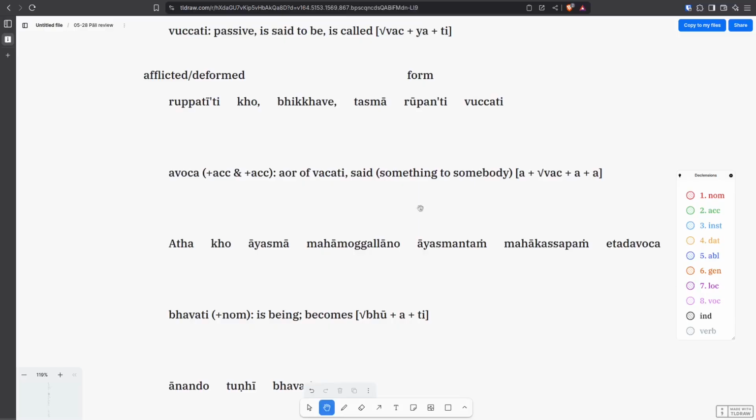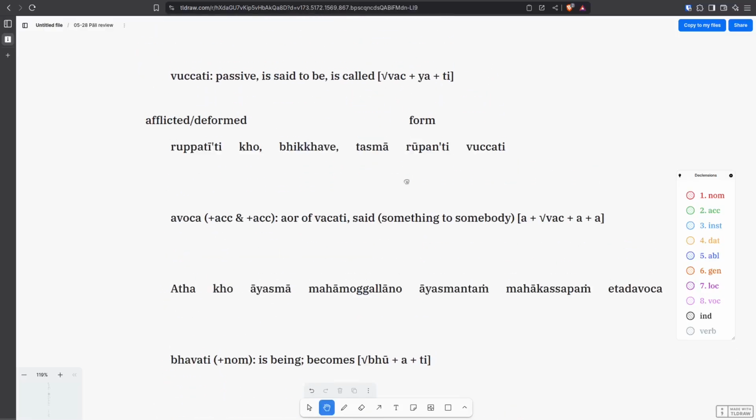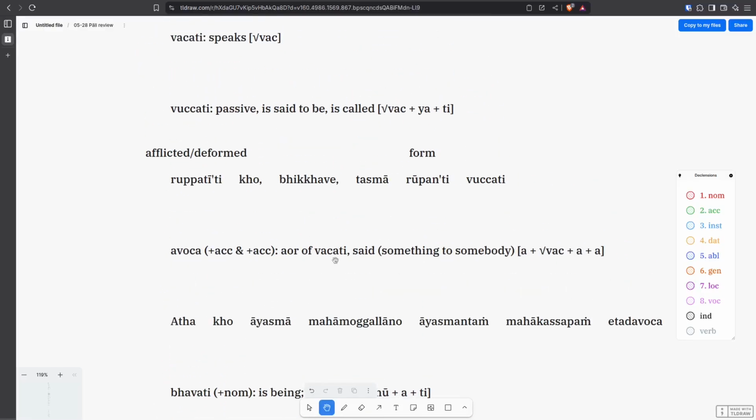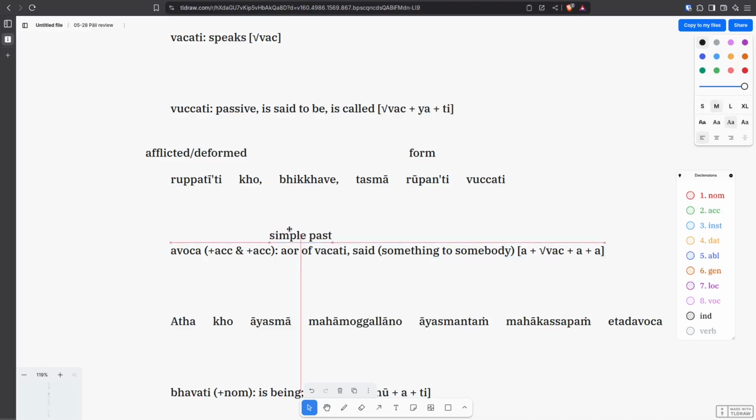This is very common in definitions. It's good to recognize the past tense of vachati. If you haven't read the grammar books very much, when you see this aorist, it means simple past.